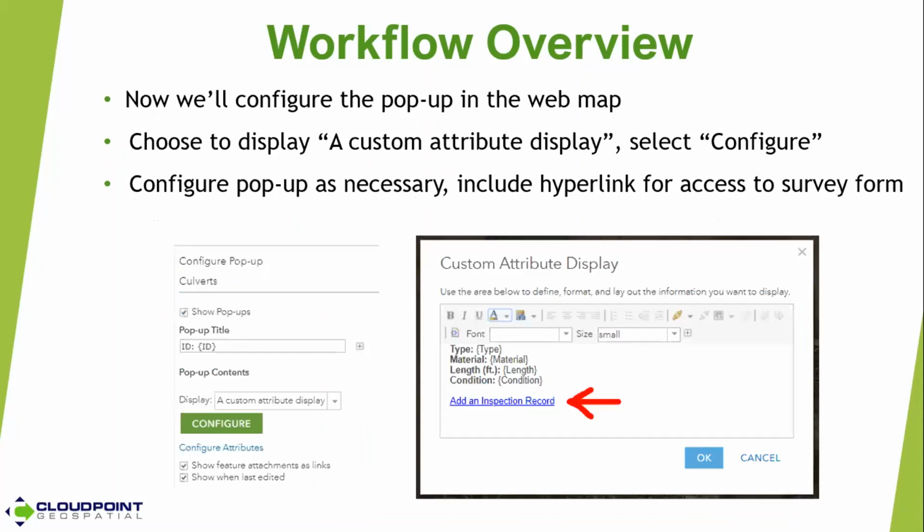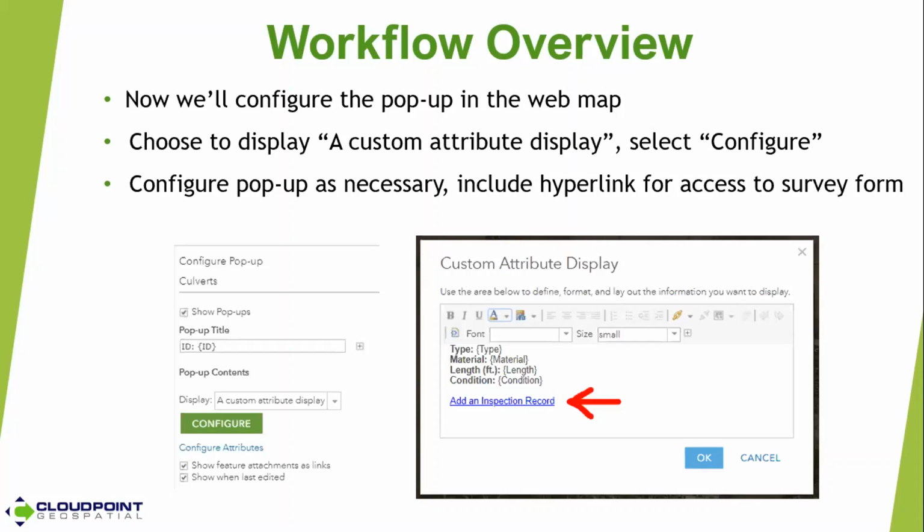Once we've got our web map structured and built, we're going to make sure, again, our pop-up is enabled on the culverts feature layer. From here, we're going to have to do a little bit of tweaking with our pop-up to get it to work correctly, to get it to look at that Survey123 form. The biggest thing we need to do here, instead of by default showing a list of custom attributes, is to show a custom attribute display.